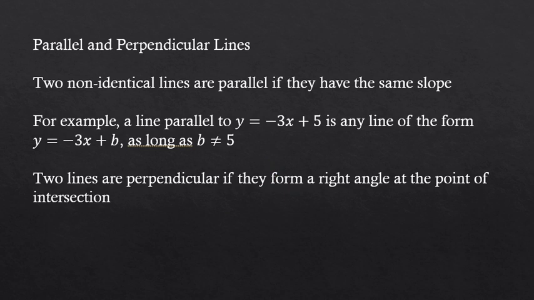The other term, perpendicular. Two lines are perpendicular if they form a right angle at the point where they intersect. So perpendicular lines would look something like this.